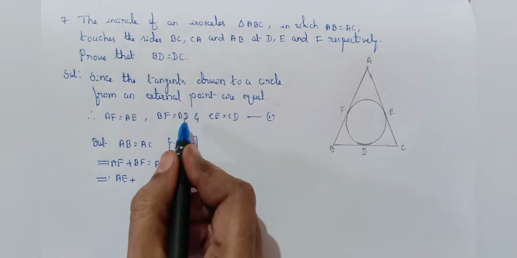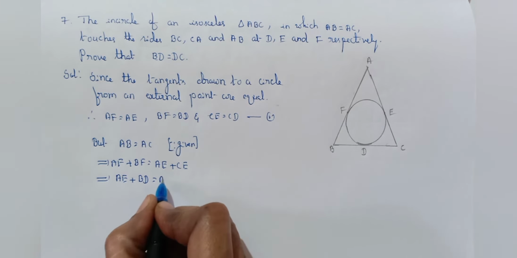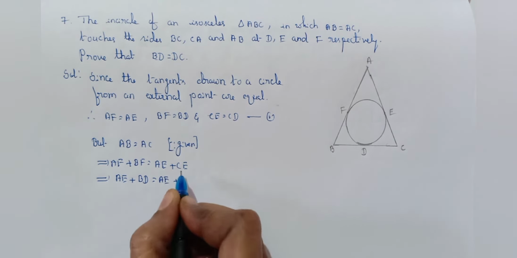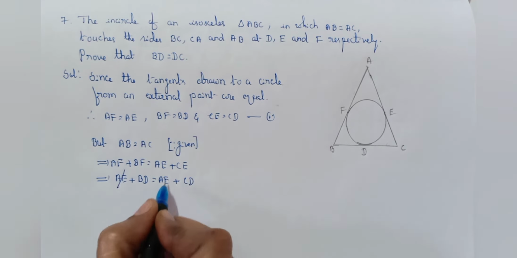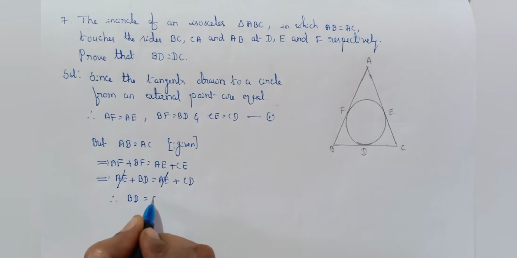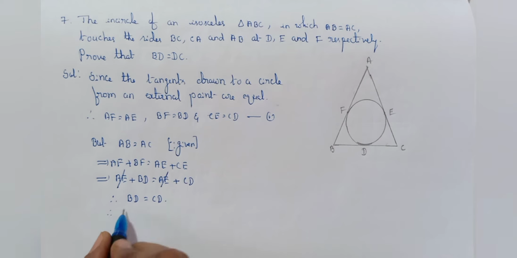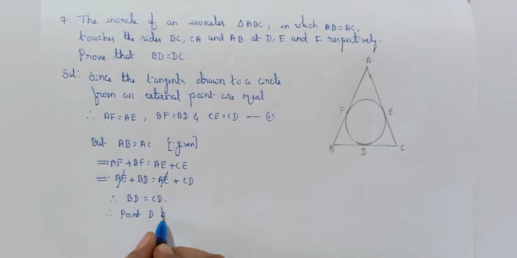Plus BF is equal to BD is equal to AE, write as it is, and CE is equal to CD. We can cancel this AE. Therefore BD is equal to CD. BD is equal to CD means the point D bisects BC.